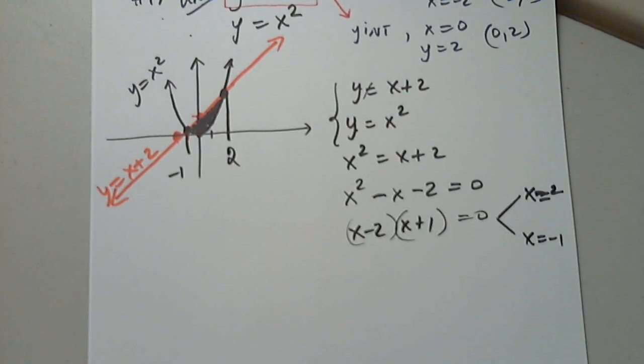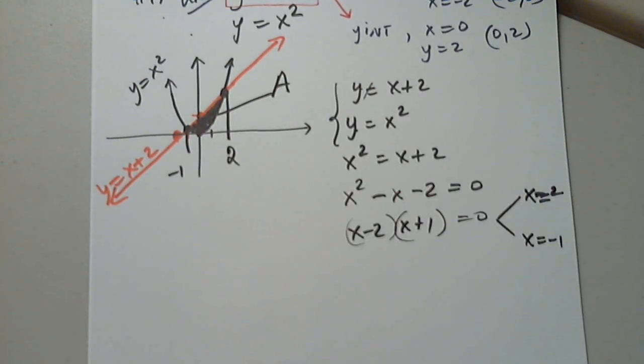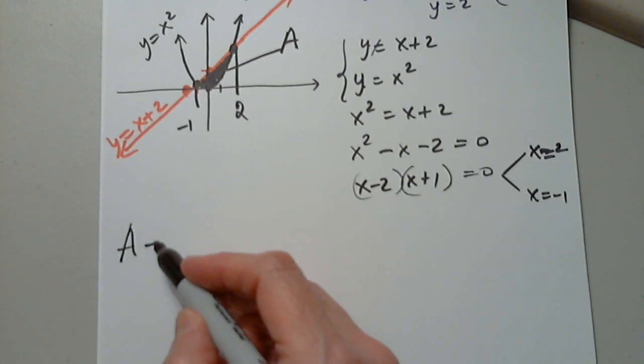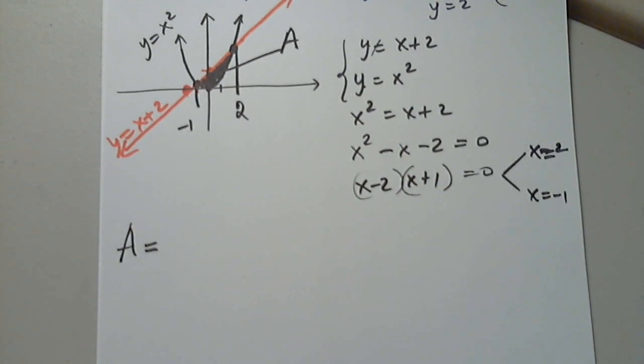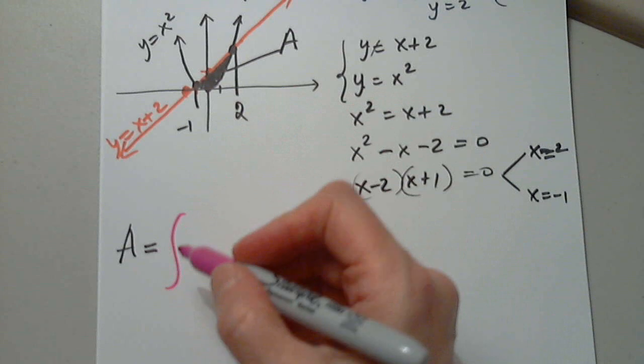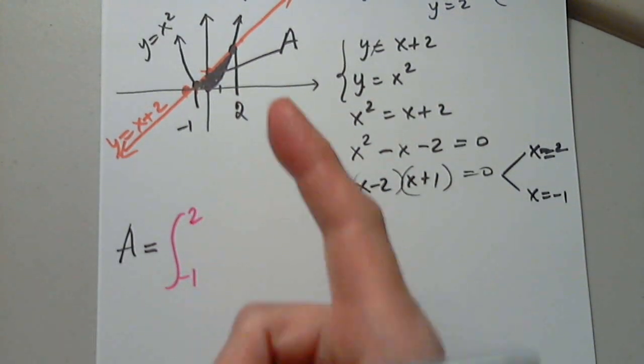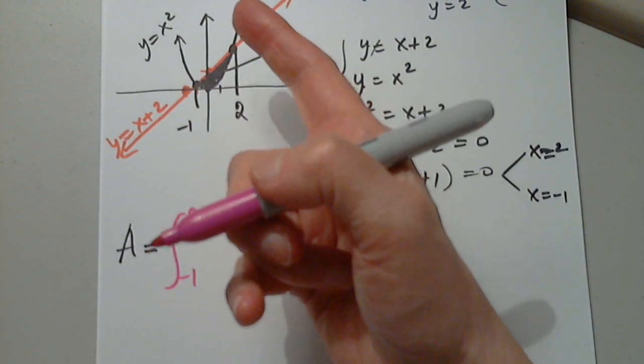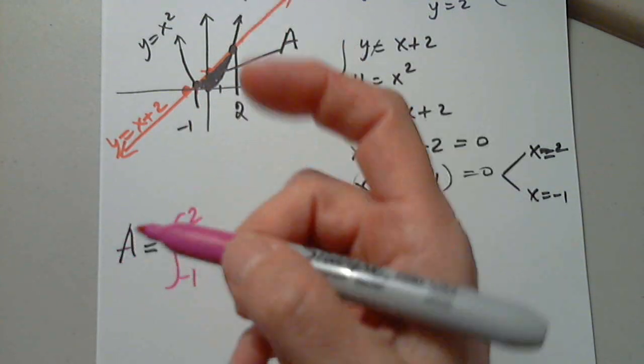That's all I needed. How do I determine this area now? Can anyone tell us what to write? How do I write this area? Please try. Definitely -1 to 2. Exactly. -1 to 2 from above minus below.